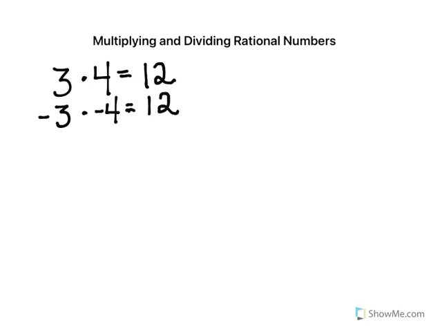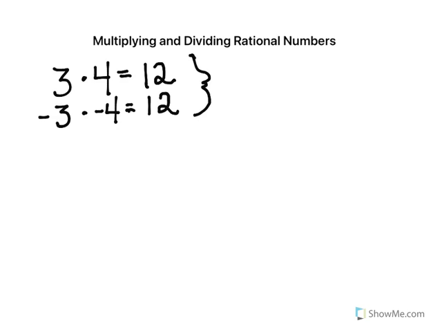So in looking at this, if we have two numbers that are both positive or both negative and you multiply or divide them together, then your answer is going to be positive. So we can actually create that rule right there.